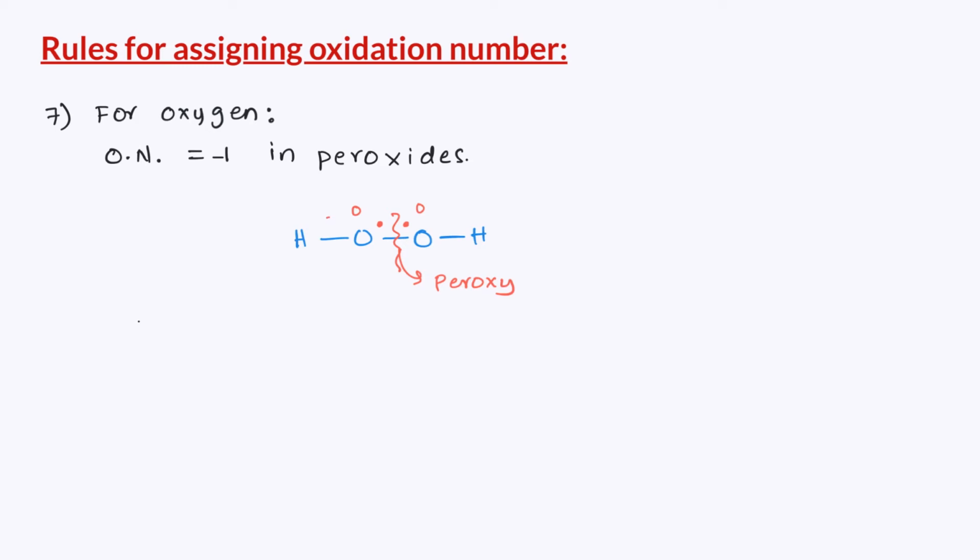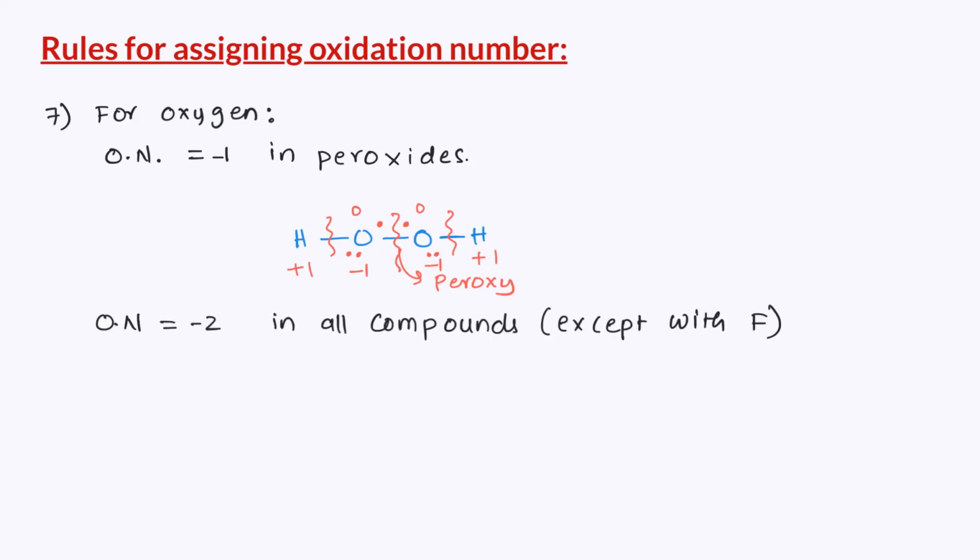When we break the oxygen-hydrogen bond though, the hydrogen, being the least electronegative element, gets 0 electrons and +1 charge, and oxygen, being the most electronegative element, gets a -1 charge. Therefore, the oxidation number of each of the oxygens in a peroxide molecule is -1.